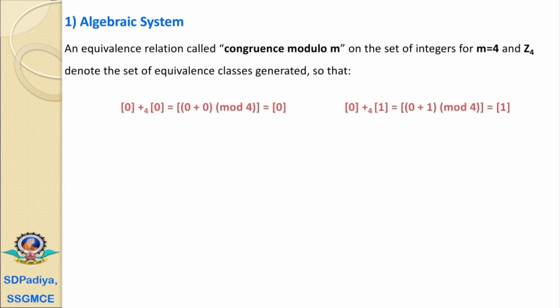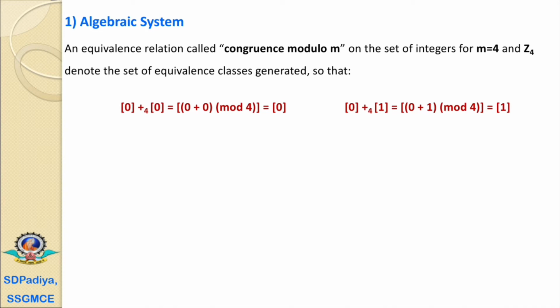Now we'll try to find the congruence modulo values for the set of class 0, class 1, class 2 and class 3. We can consider I as 0, 1, 2, 3 and J as 0, 1, 2, 3 in the columns.